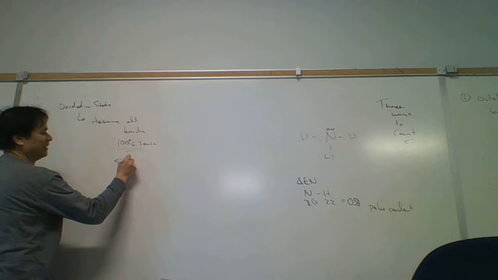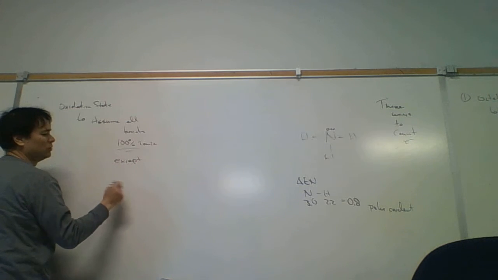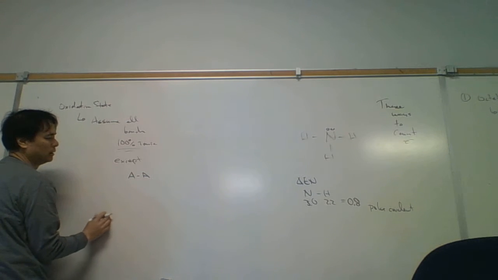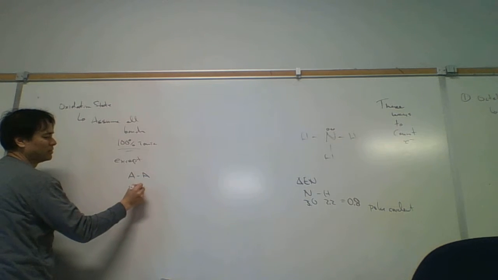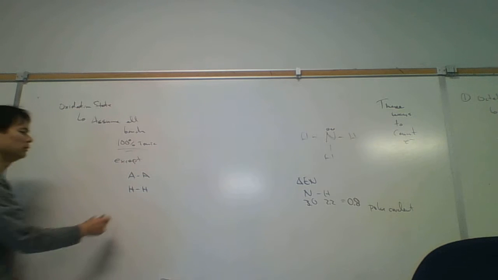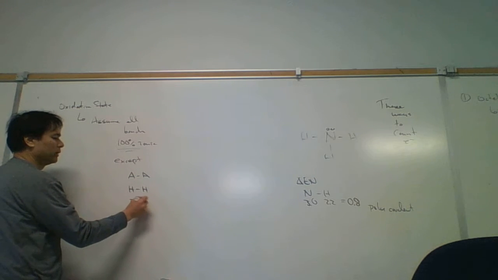Except when we have two of the same atoms, like an A bonded to an A type bond, for example a hydrogen-hydrogen bond. We would not consider that ionic, or even a fluorine-fluorine bond.